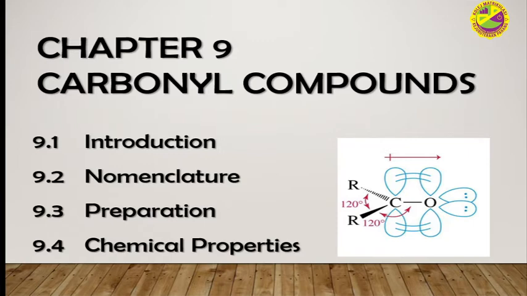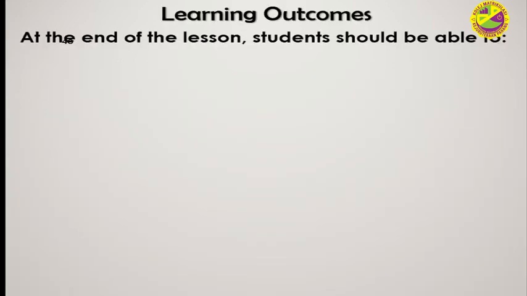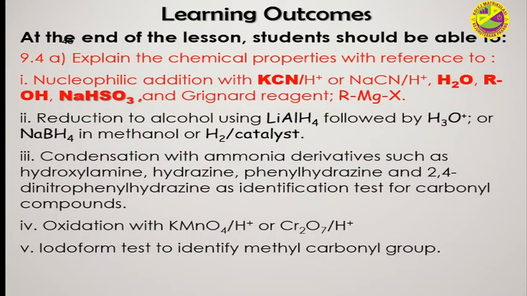In this video, we are going to cover 9.4 chemical properties. At the end of this lesson, students should be able to explain the chemical properties with reference to nucleophilic addition with KCN/H+ or NaCN/H+, H2O, ROH, NaHSO3, and Grignard reagent RMgX.